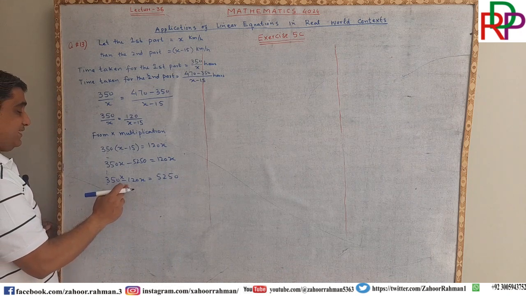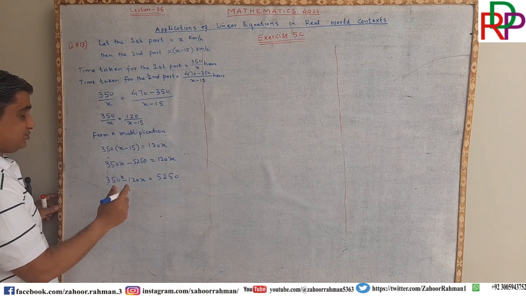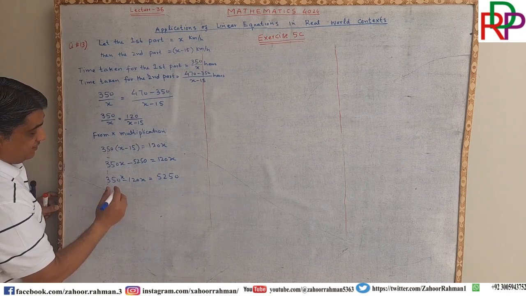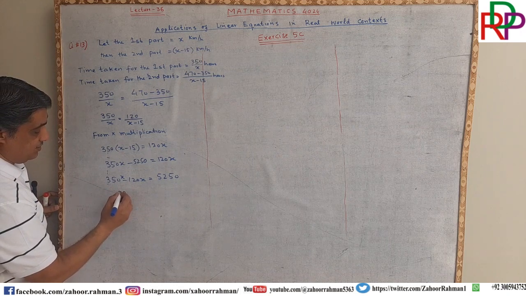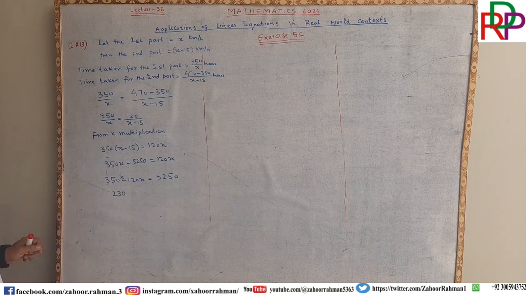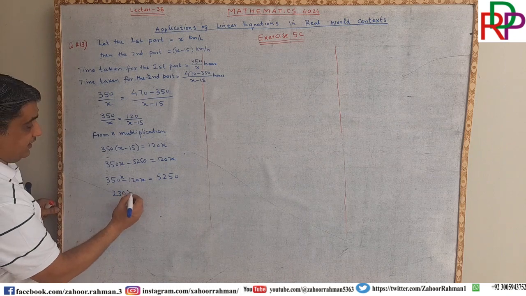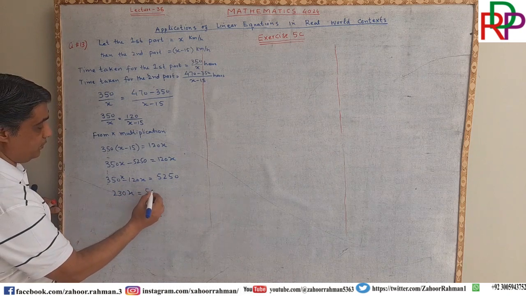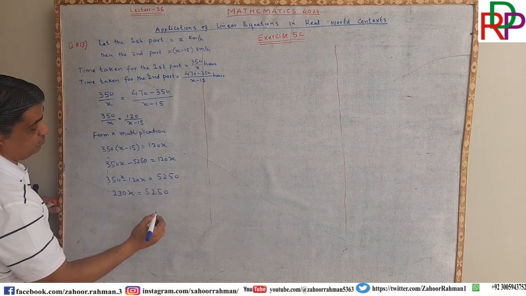When we subtract this, so it will be 230x is equal to 5250.